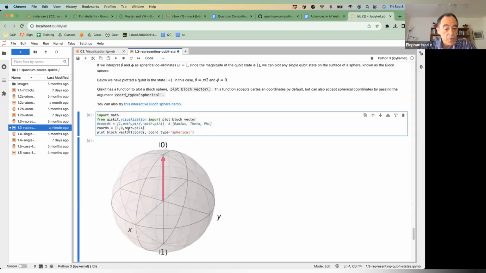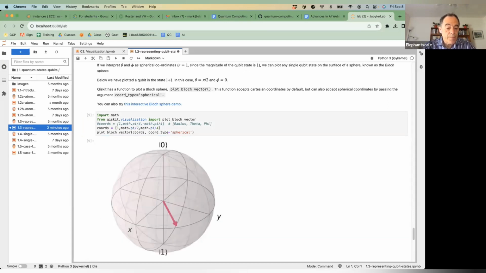Well, let's try math.pi over 2. So pi over 2 says 90 degrees, and indeed it went from here to this plane.